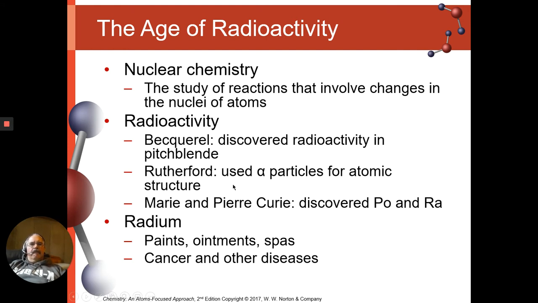Rutherford used alpha particles from uranium to bombard gold foil, and from this he developed the nuclear model of the atom. Radium in the early 20th century was used in such places as luminescent paints. There were ointments. There were spas where people were exposed to radium. And of course, this resulted in many instances of cancer and other diseases.